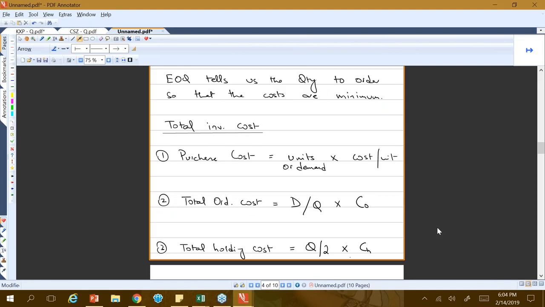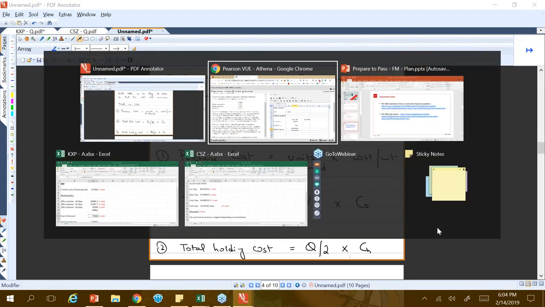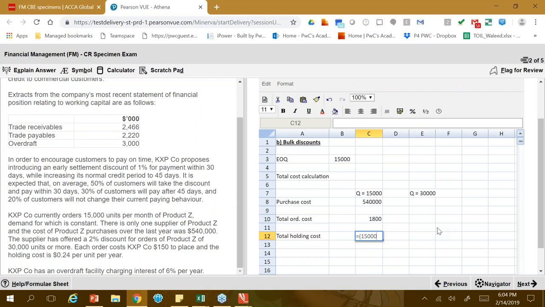So the Q is 15,000, so 15,000 over 2 into CH, which is 0.24, and we get 1,800 as well. Which means the total cost under the EOQ is the sum of C8 to C12: 543,600. That is the total cost.